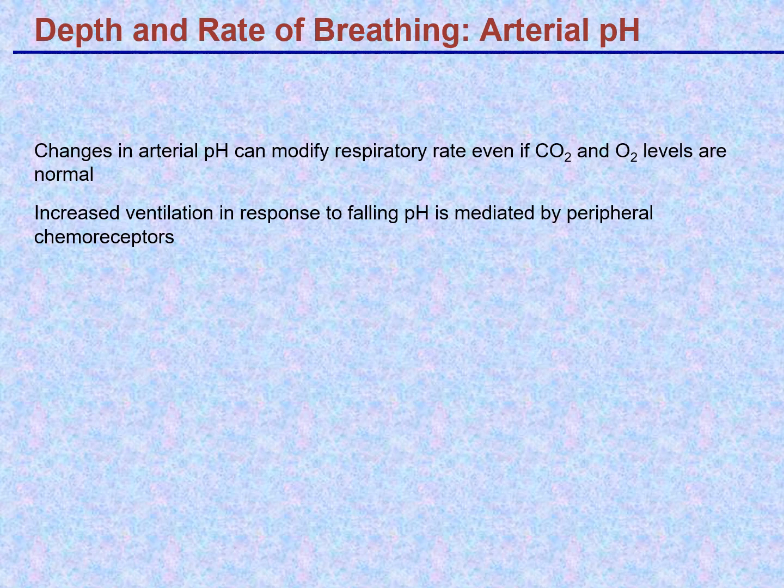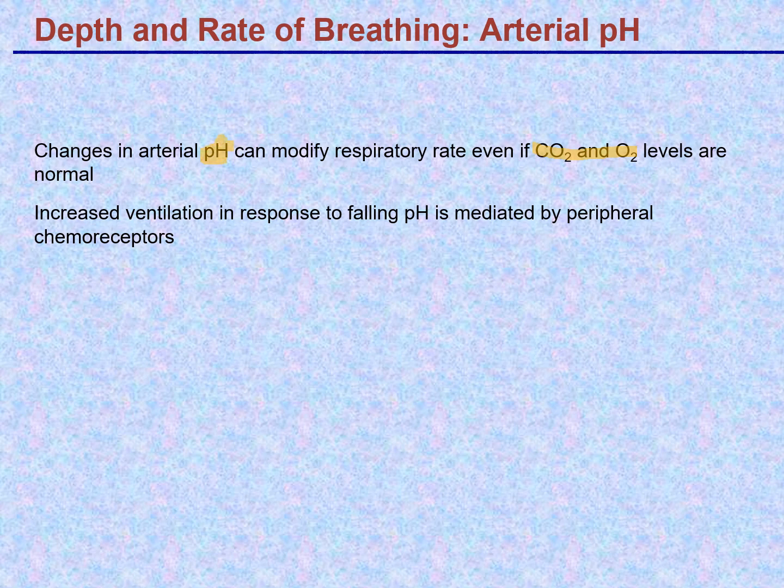Changes in pH, of course, as I've explained to you, can modify respiratory rates. Normally, the change is due to changes in CO2 levels. But even when the CO2 and O2 levels are normal, you can get modification if the pH changes.